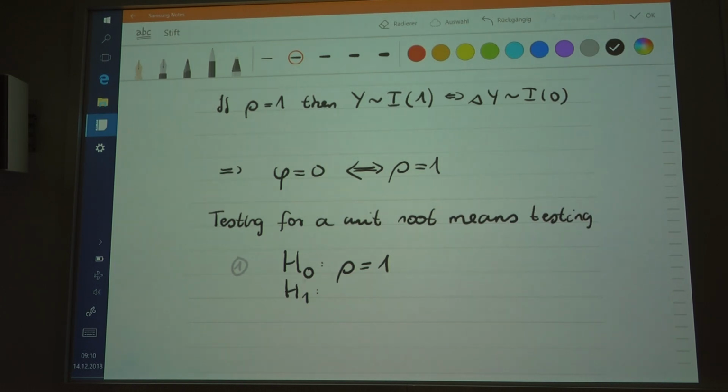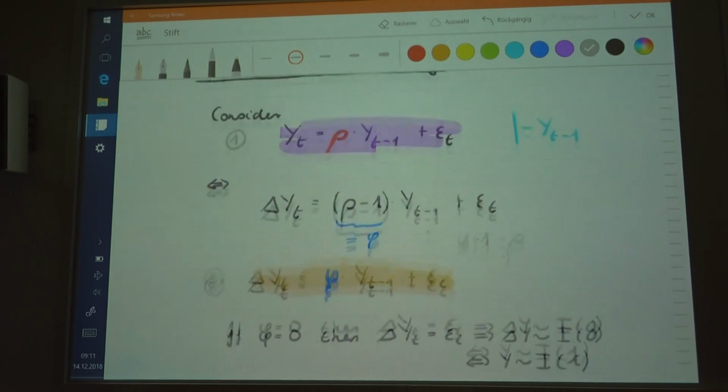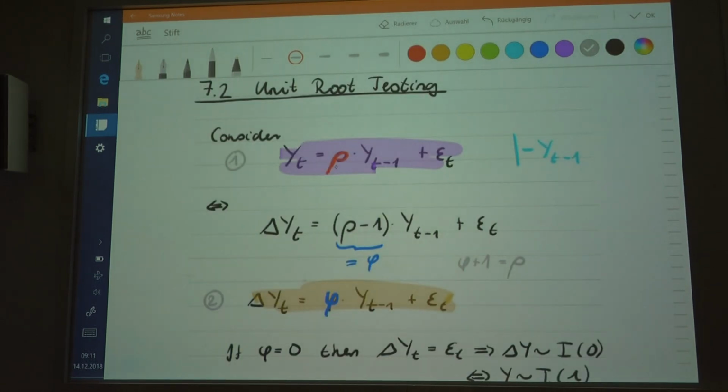So the process has a unit root, meaning that y has a unit root in this case. On the other hand, if the absolute value of the coefficient is less than 1, then the process is going to be stationary.